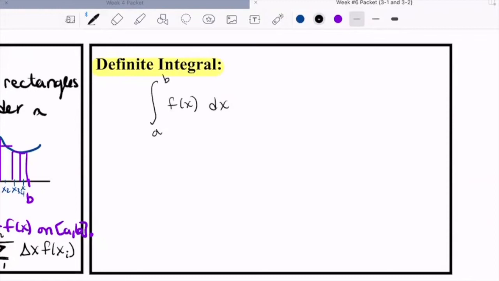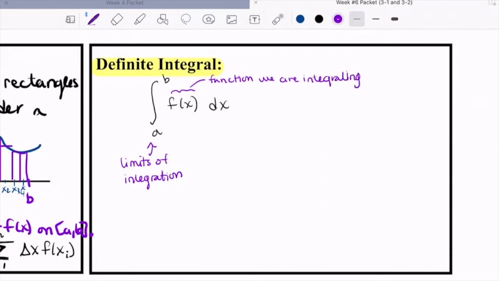Just a bit of wording here on the notation. These a and b are called the limits of integration. This f of x here is the function we are integrating over, which means the function we're finding the area under. And then this dx tells us the variable that we are integrating with respect to.